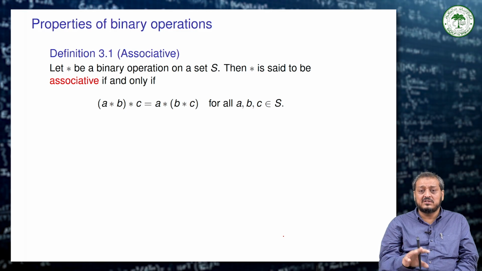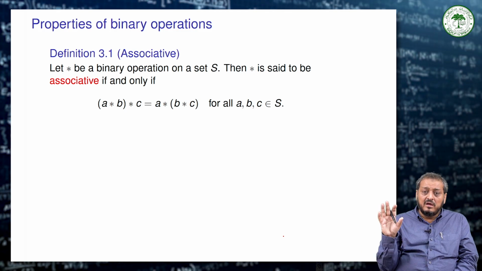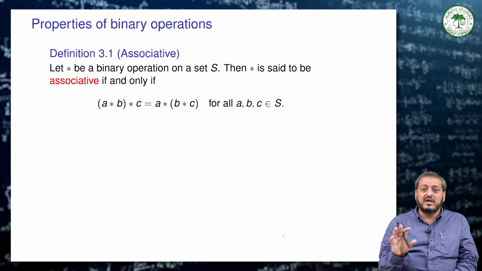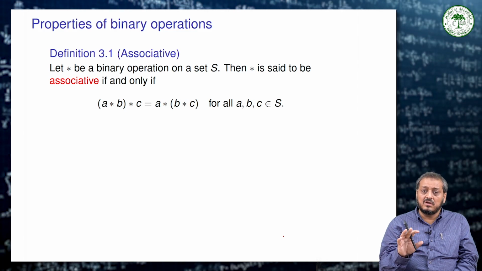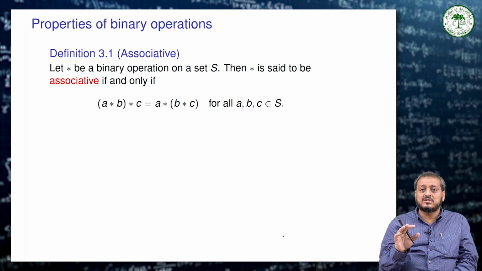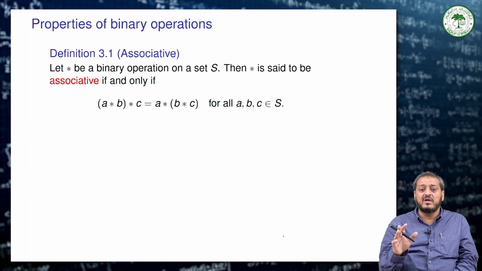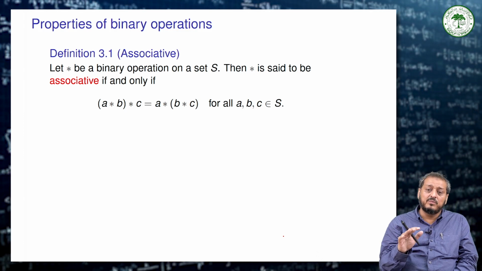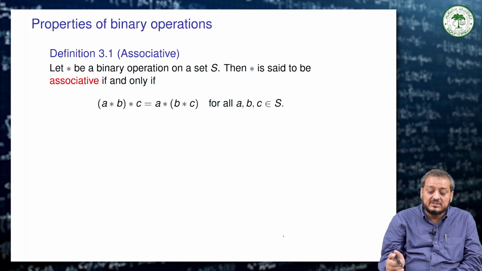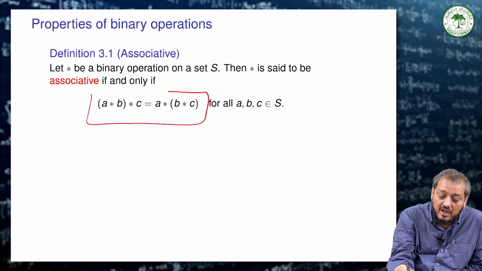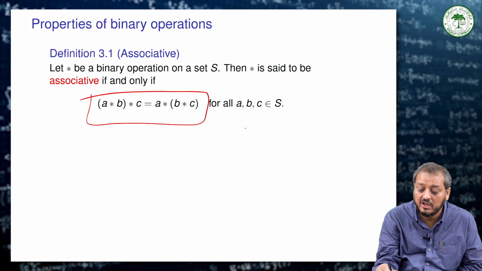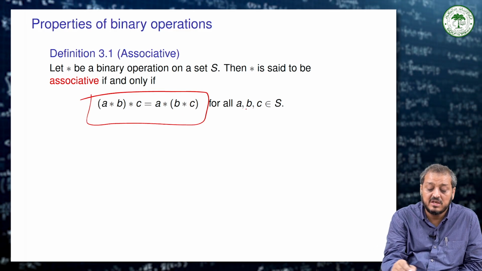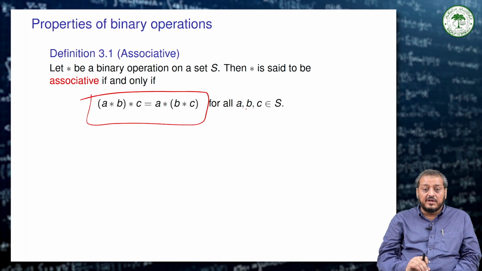Then we say that this operation is associative if it satisfies (a star b) star c is the same as a star (b star c) for all a, b, c belonging to S. In this case, we can say it is associative.